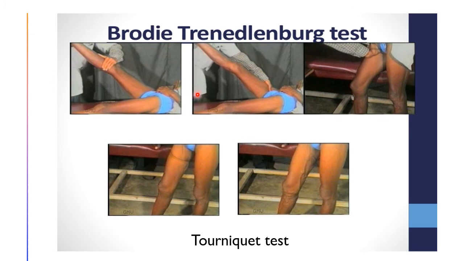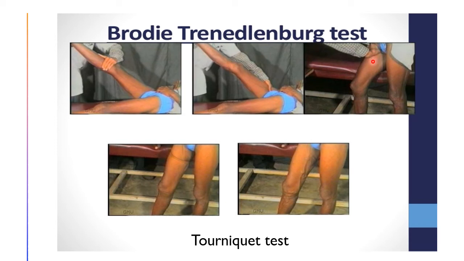Okay, this is the Brody-Trendelenburg test. The patient is lying flat, the leg is elevated, and the veins are drained of blood. Then apply a finger to occlude the saphenofemoral junction and ask the patient to stand.